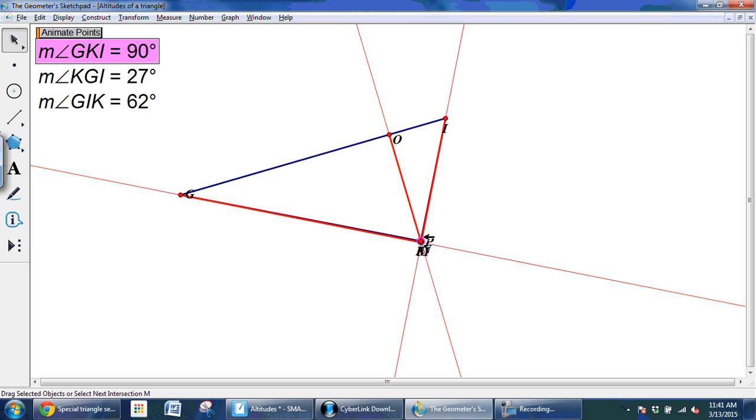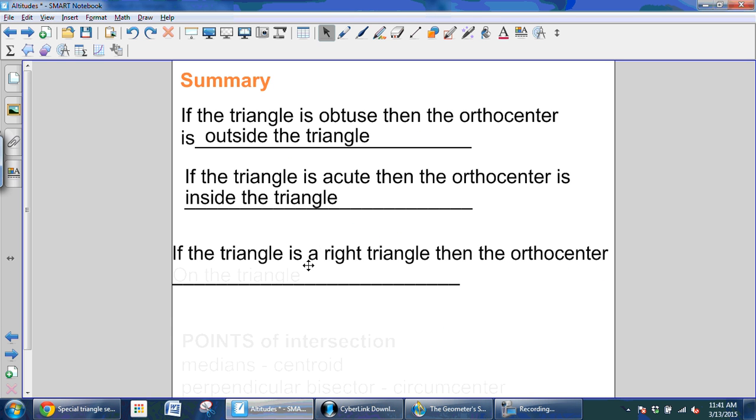So for a right triangle with a 90-degree angle, the orthocenter is on the triangle. So if the triangle is a right triangle, then the orthocenter is on the triangle.